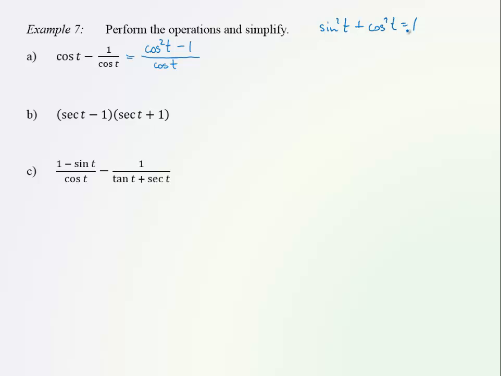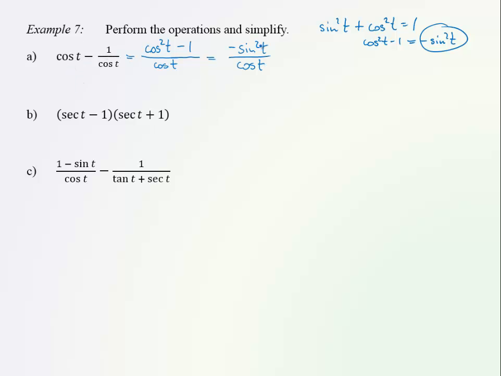So that's our Pythagorean identity. If I get cosine square minus 1, if I bring the 1 to the left, and I bring the sine to the right, so cosine square t minus 1 is negative sine square t. So using this, rewrite the numerator as negative sine square t over cos t.